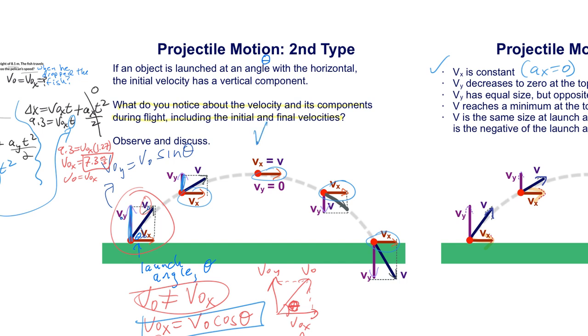At the top, Vy equals 0, like they say right there. But after it passes the highest position, Vy becomes negative, because it's pointing down. So that's an important concept.